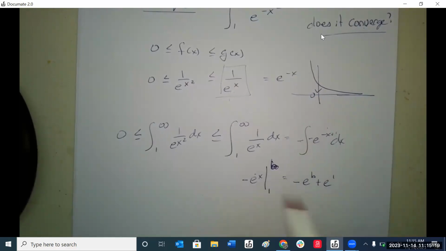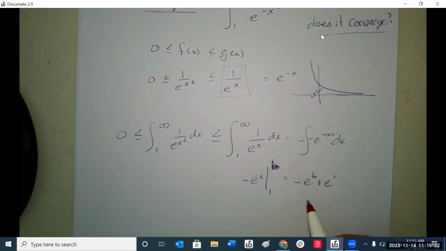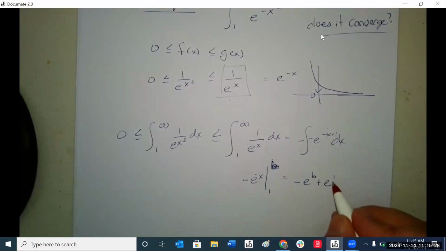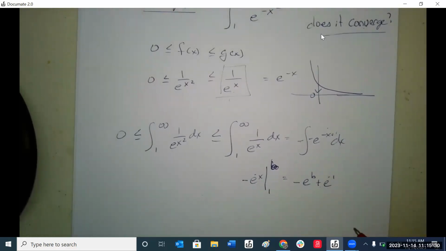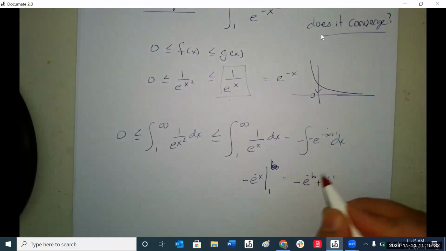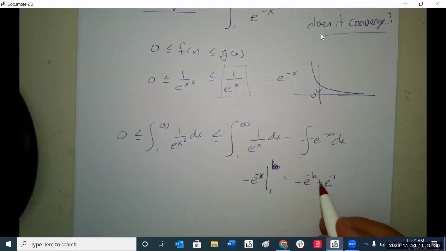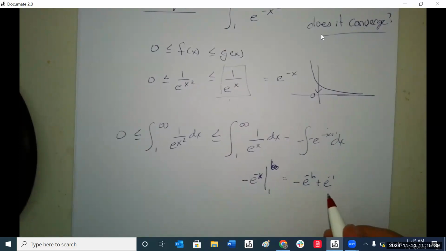So it becomes negative e to the negative b plus e to the negative 1. So that's negative 1 over e to the b plus 1 over e.